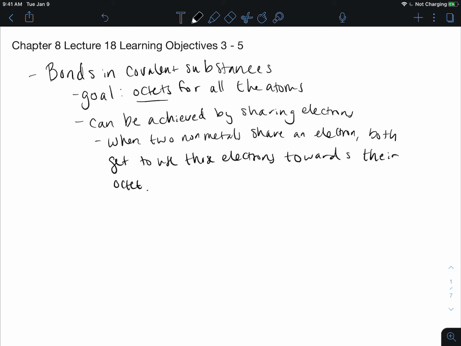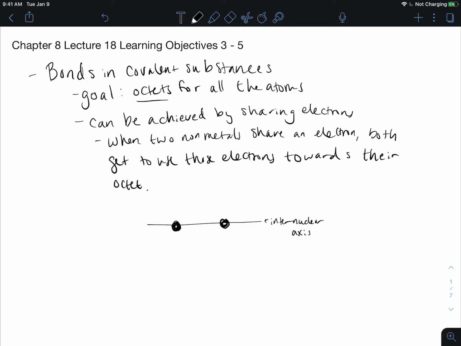Okay, so we could have, for instance, 2 nuclei, and we have what's called the internuclear axis, right here. And that's where our nuclei kind of sit.